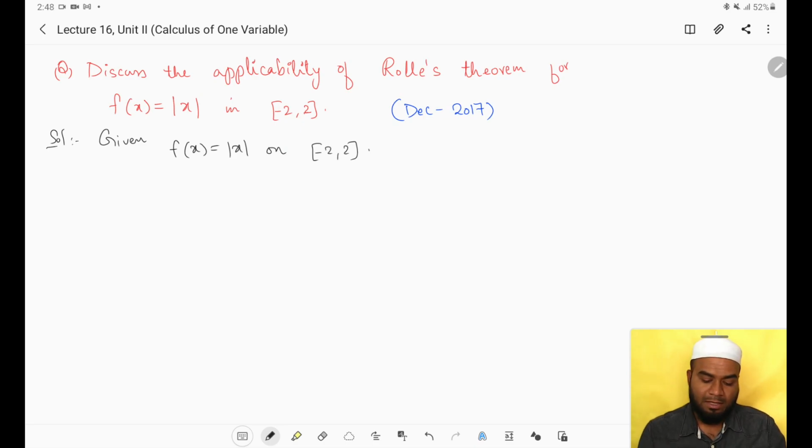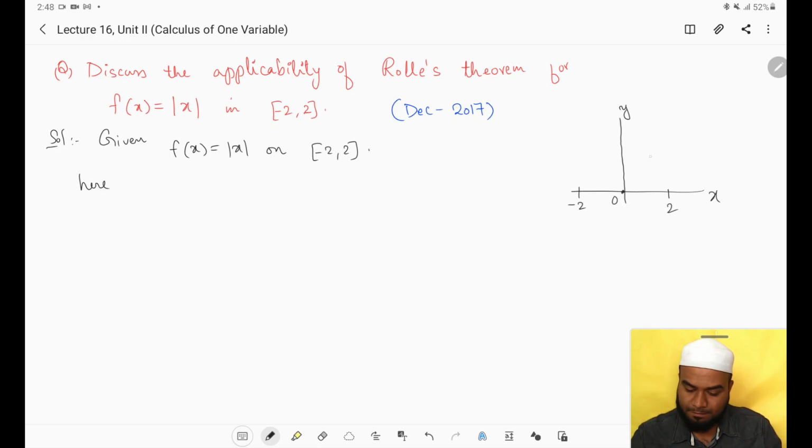Right? Here clearly, if you draw the graph of the function, how will the graph look? If this is x and this is y, and this is the point 0, if this is minus 2 and this is 2, then the graph will be something like this.